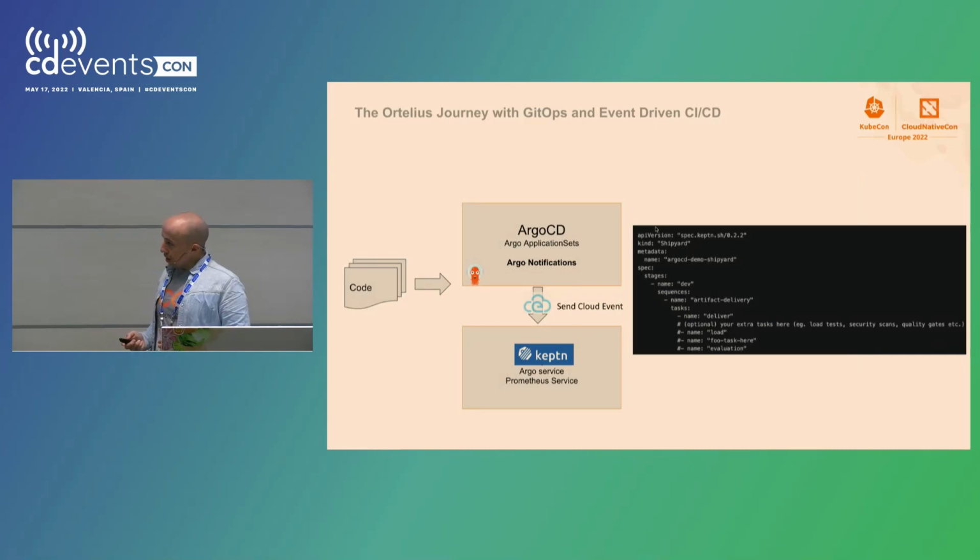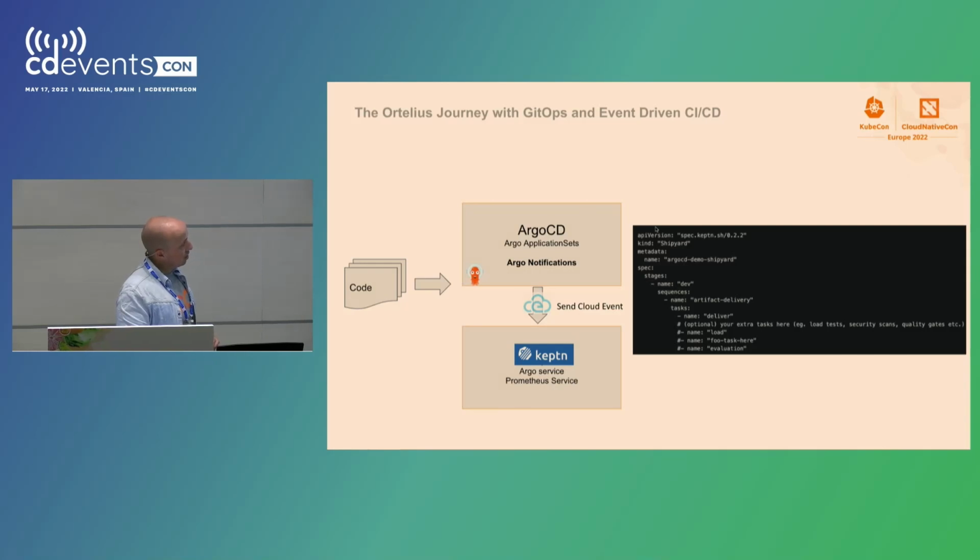In Keptn, there's a concept of a shipyard file. It's quite hard to understand the first time, but essentially a shipyard file is three things. You can see here it has a stage, a sequence, and a task. The good thing is that you can have services that subscribe to it.